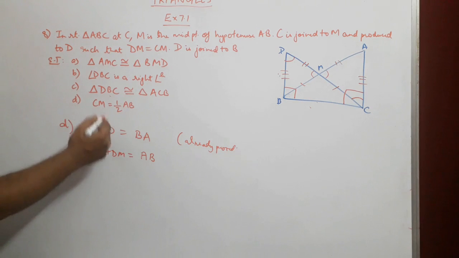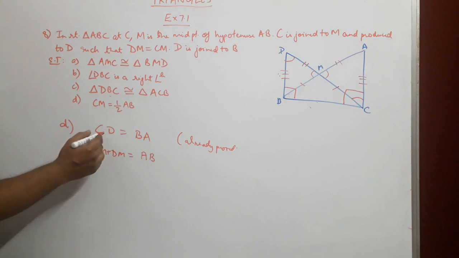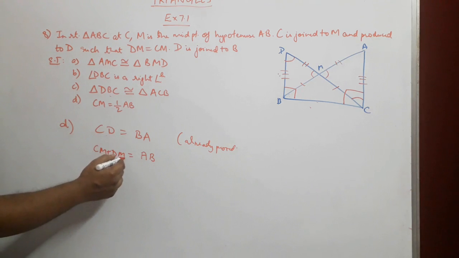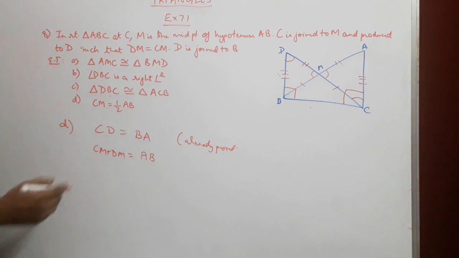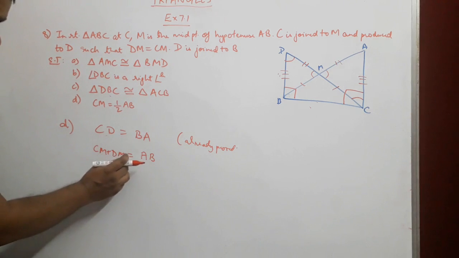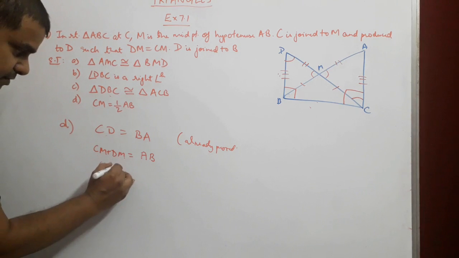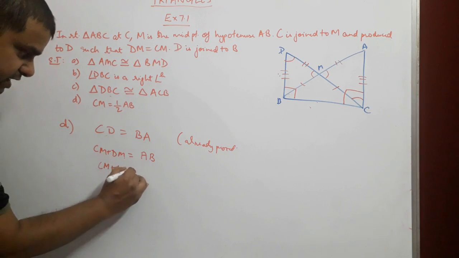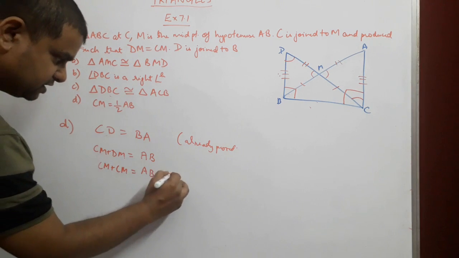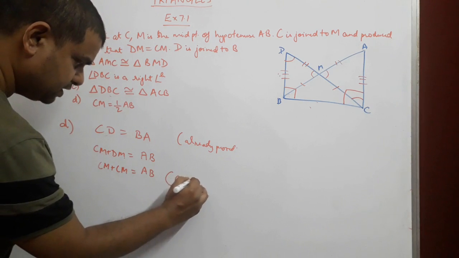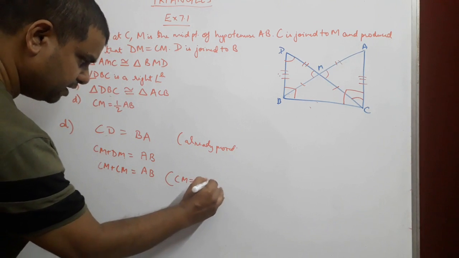CM definitely we need to break up. So CD can be written as CM plus DM. Now we need CM, we don't need DM, but we know CM is equal to DM. So we can easily write DM as CM as well. CM plus CM equal to AB. This is because we know that CM is equal to DM.